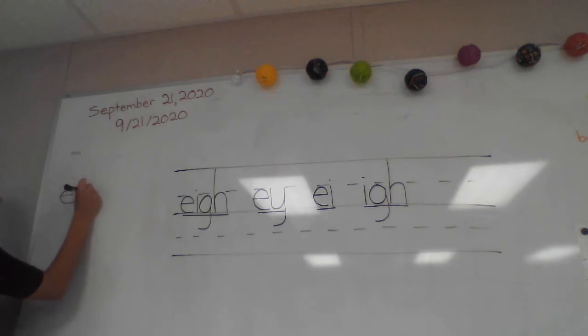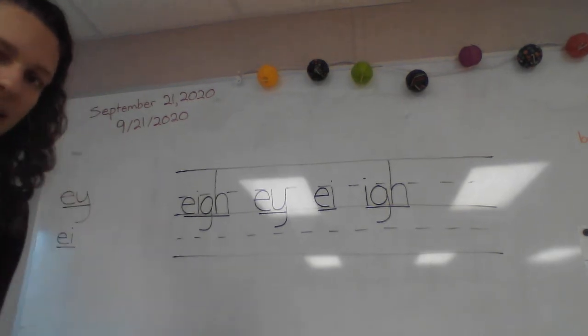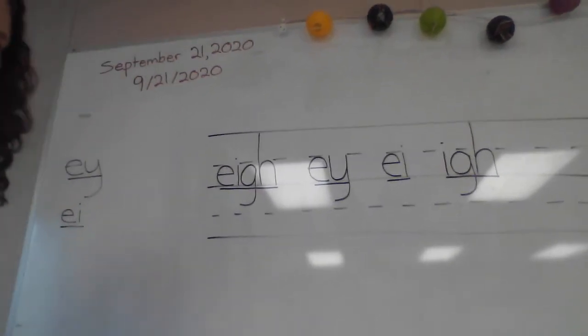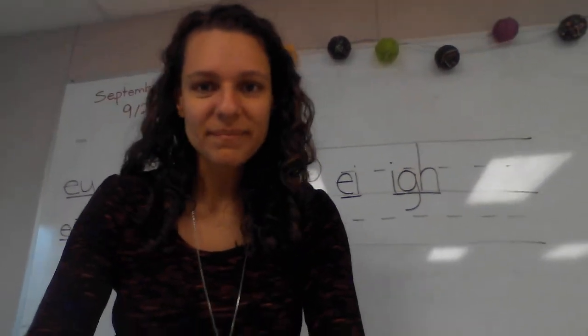AE that we do use at the end of English words, and AE that we do not use at the end of English words. Those two make the same sounds, so if we remember the sounds of one, it'll help us with the sounds of the other one.